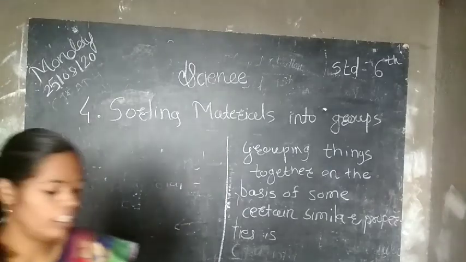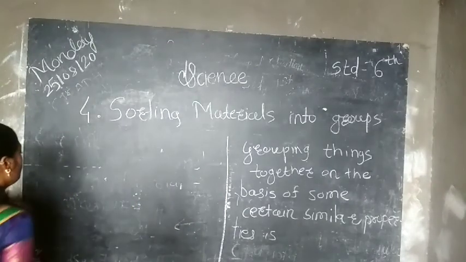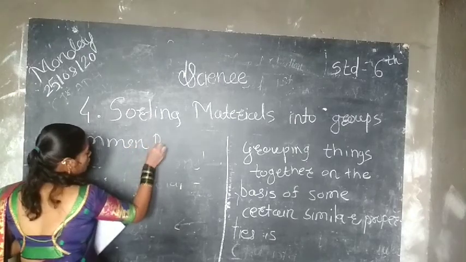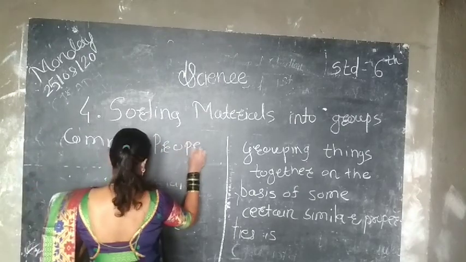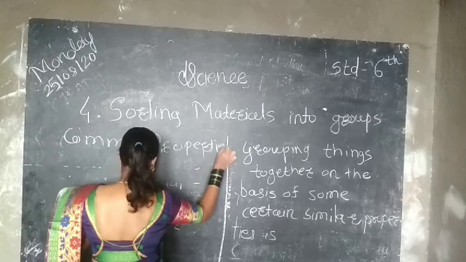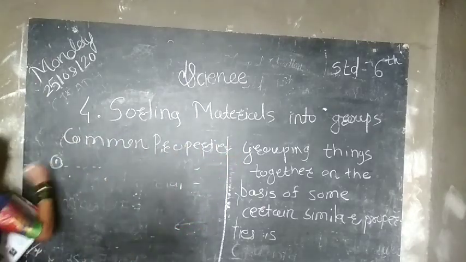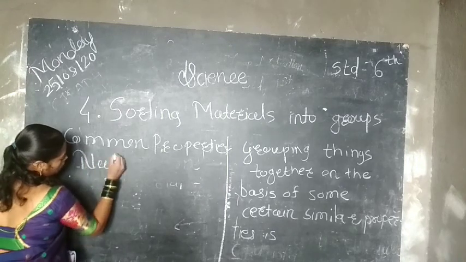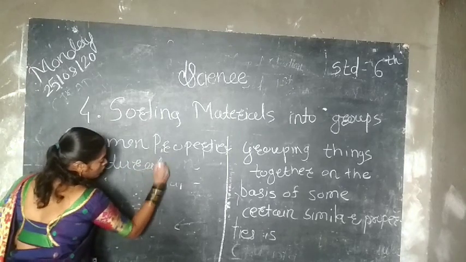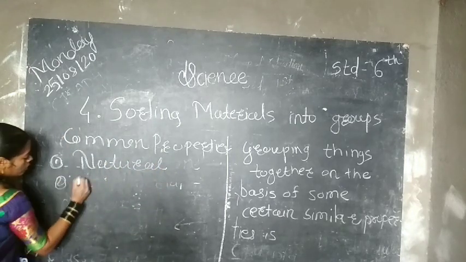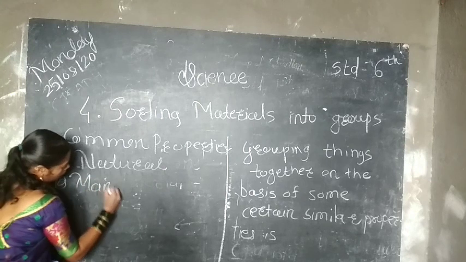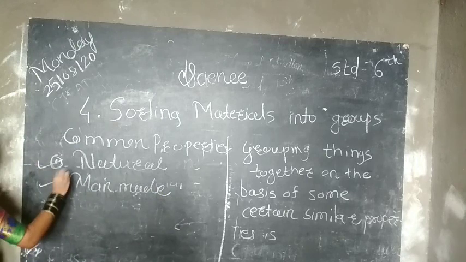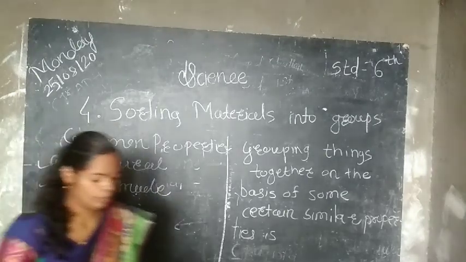Classification of materials on the basis of some common properties. Which are the common properties? Now we have to discuss. The first: some are natural things, some are man-made, meaning artificial. So first, natural and man-made properties.